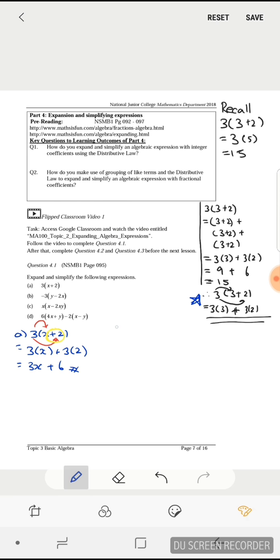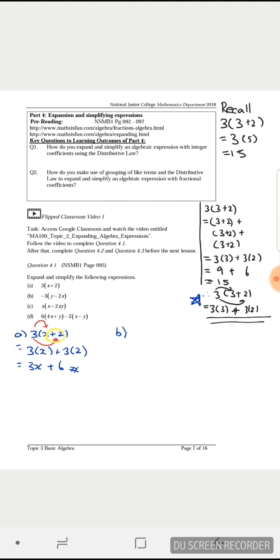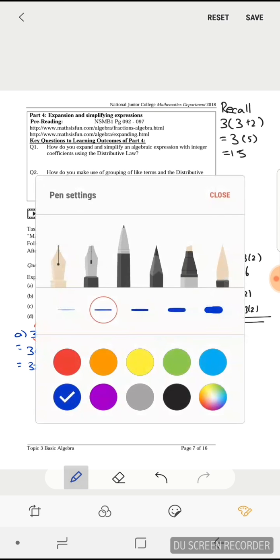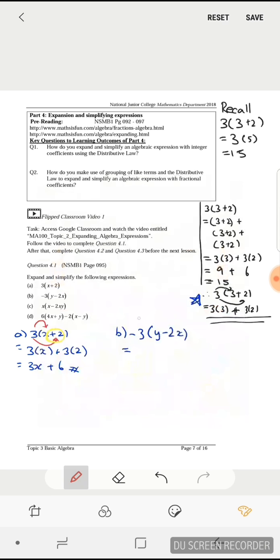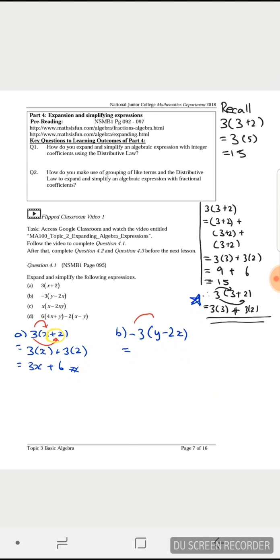Now, let's try the next question. Question B. Negative 3 multiplied by y minus 2x. Can you see how you do this? Same idea. Negative 3 times y.